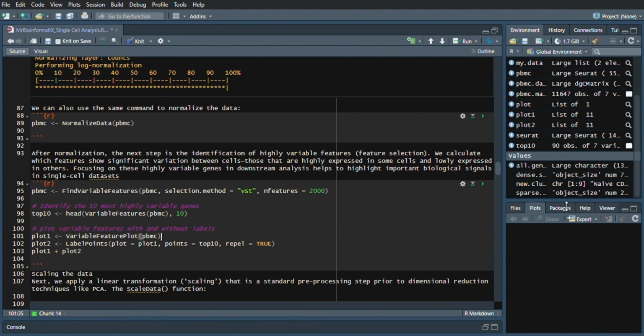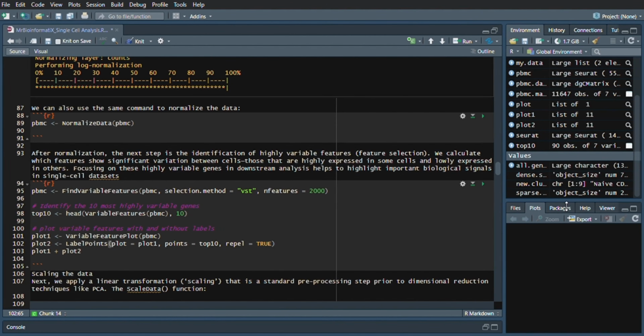And for plot2, LabelPoints. LabelPoints adds labels to the plot created by VariableFeaturePlot. plot equal plot1 specifies that we are adding labels to plot1. points equal top10 specifies that labels should be added to the top 10 most variable genes. And then repel equal TRUE ensures that the labels are adjusted to avoid overlapping and to make the plot more readable. And finally, we combine plot1 plus plot2.